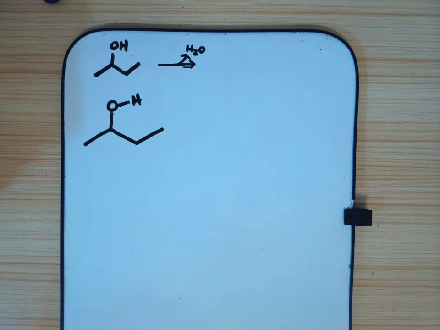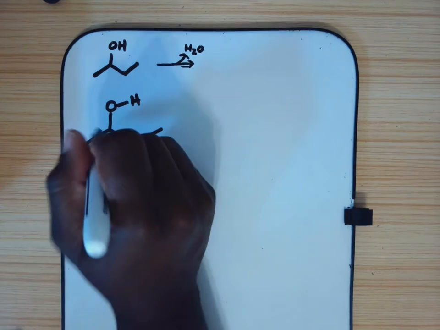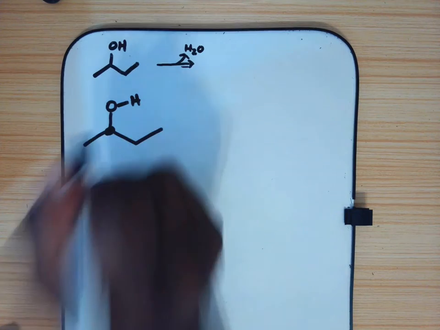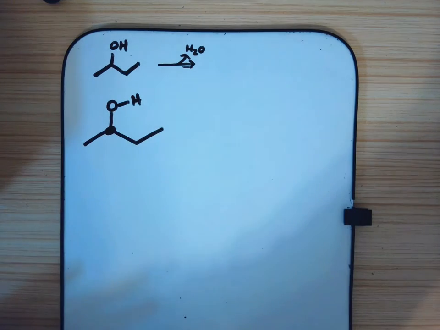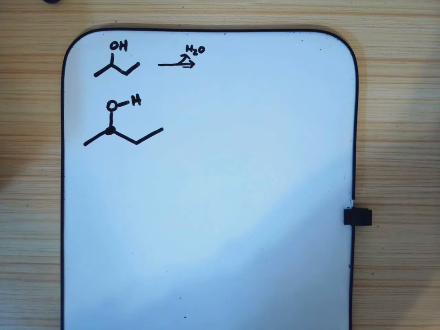When that takes place, the result is the formation of a double bond. And so we have to look at where that double bond is going to form. You always want to identify the carbon atom where your alcohol group is attached, because that carbon will be involved in the formation of that double bond, of that alkene.